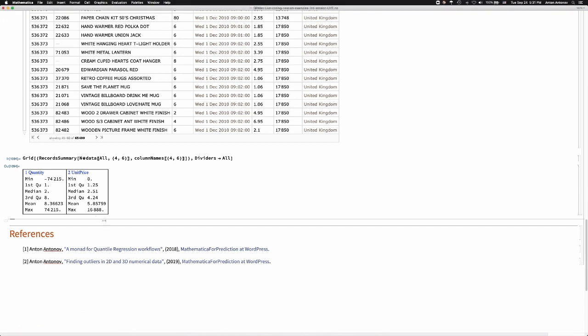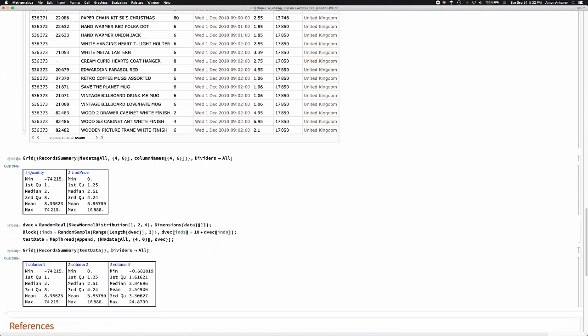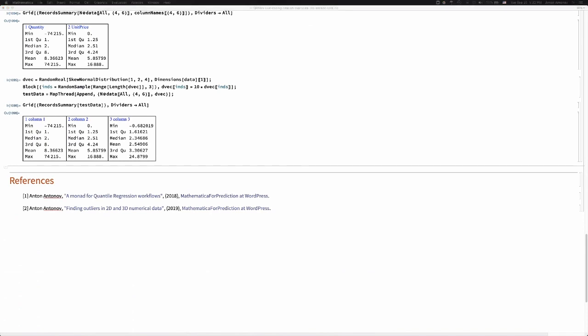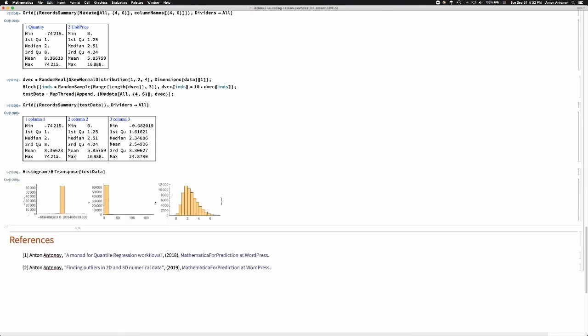Let's call it a discount column. And in this third column, let me again, in this test data, find the summary. And now I'm asking myself, is it possible to find outliers in this 3-dimensional data?